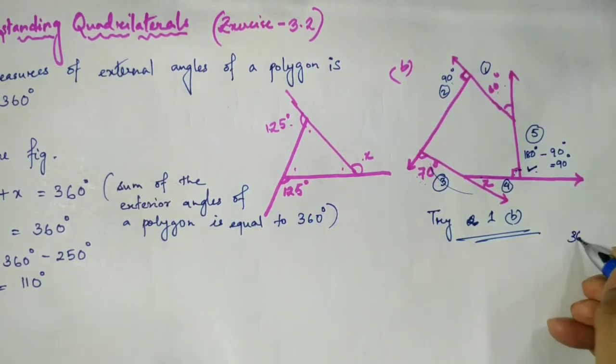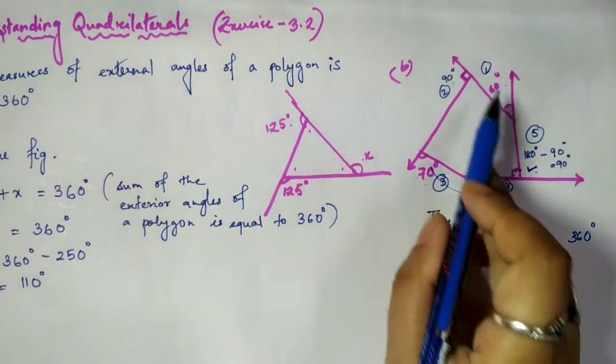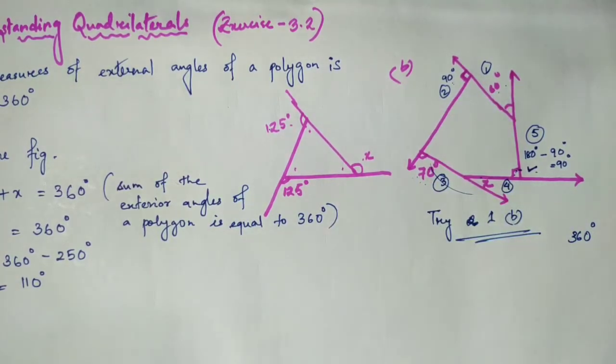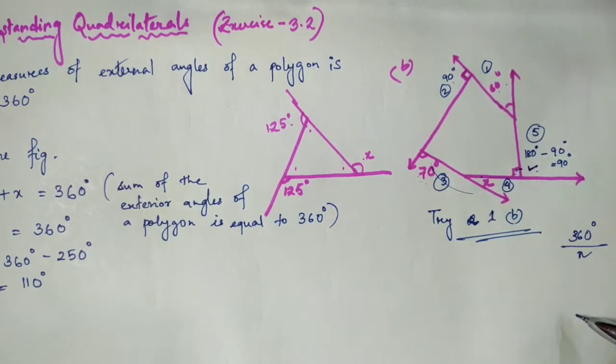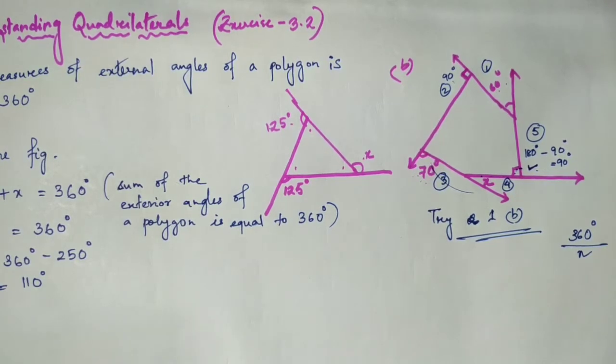All of you know that, right? So if there are n number of sides, what will be the measure of each exterior angle? It will be always equal to 360 divided by n. Means if there are 5 sides, it will be 360 divided by 5. If there are 3 sides, it will be 360 divided by 3. That means all will be of equal values. That is why it is said to be a regular polygon.